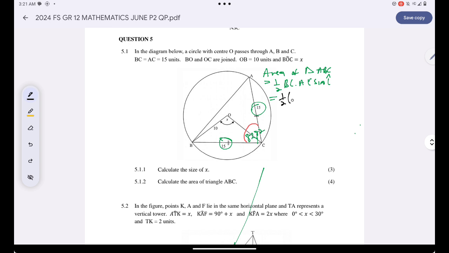So it's 1/2 times 15 times 15 and the sine of 82.82, and then what will I get?